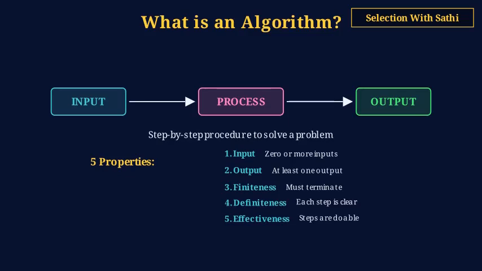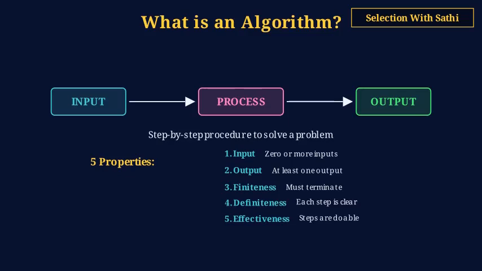Second, it produces at least one output. Third, finiteness. It must terminate after a finite number of steps. Fourth, definiteness. Each step must be precisely defined. And fifth, effectiveness. Each step must be basic enough to be carried out.